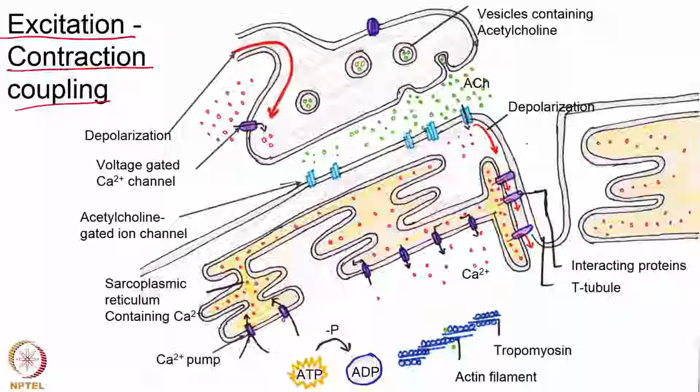Depolarization, the wave of depolarization that starts in the muscle cell, travels along the membrane of the muscle cell as it would in any other excitable cell. How does that travel? There are voltage gated sodium channels that regenerate the action potential at each point in space. Here is one voltage gated sodium channel, there is one action potential there, here is another voltage gated sodium channel, there is another action potential there, and so on.